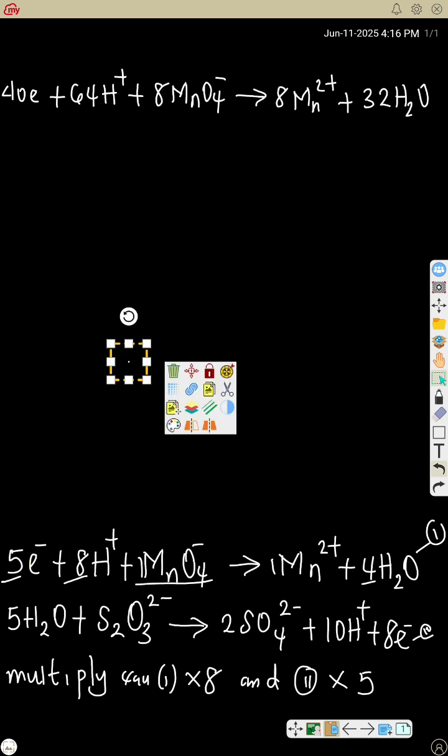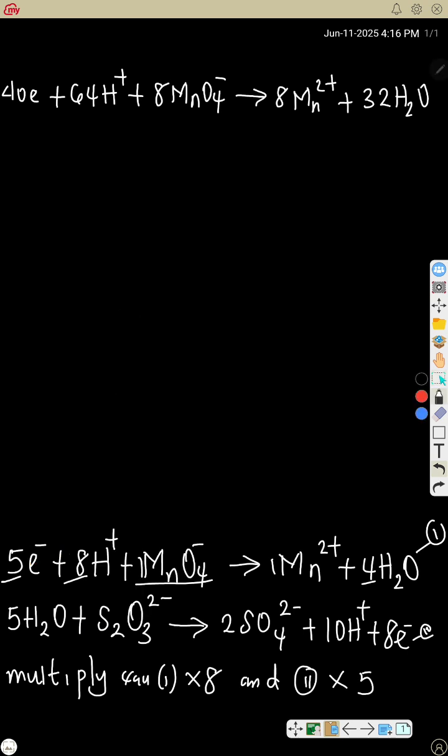Now multiply the second equation, this one, by 5. So now let's go. 5 times 5, 25. That will be 25 H2O plus 5 S2O3 2 minus, multiply by 5 because it's 1 here. 5 times 2, 10.